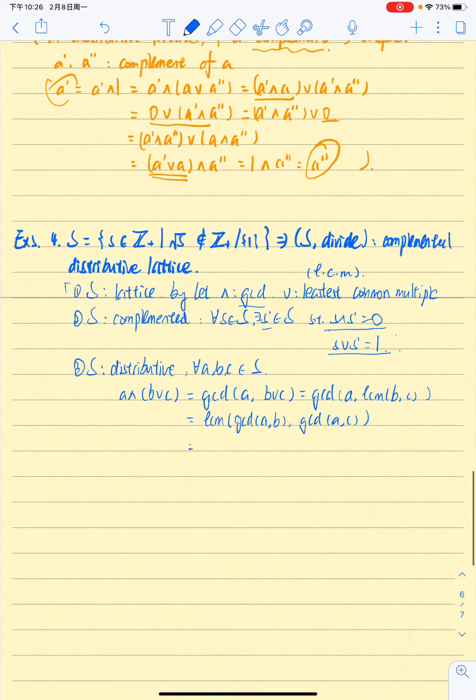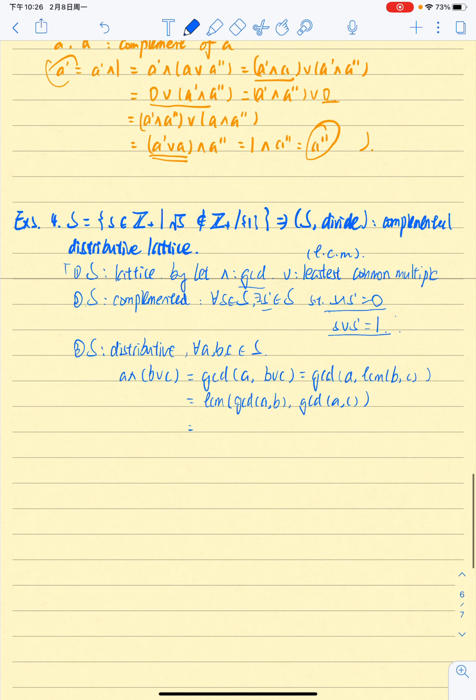That is, GCD(A,B) or GCD(A,C), and this is (A and B) or (A and C). So the distributive law comes true.